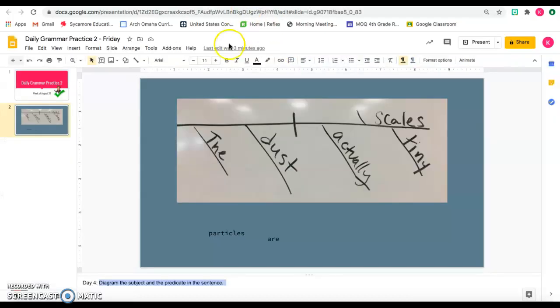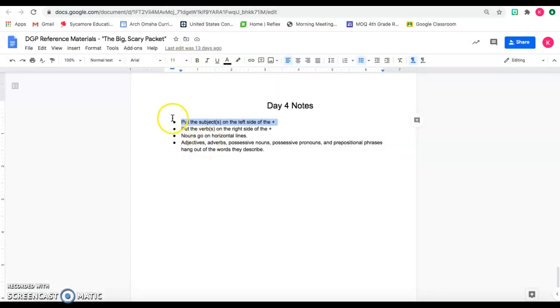So if we look at our diagram, this long horizontal line and this short vertical line kind of creates that plus sign, okay? So the subject or subjects go on the left, and then the second bullet point, which is super important, you're going to put the verb or verbs on the right side of that plus sign.